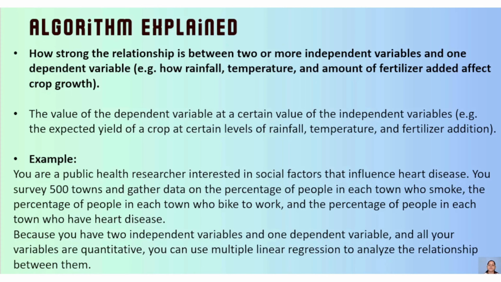Take one example: how levels of rainfall, temperature and fertilizer additions show better results in harvesting.